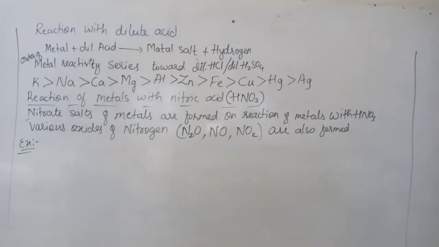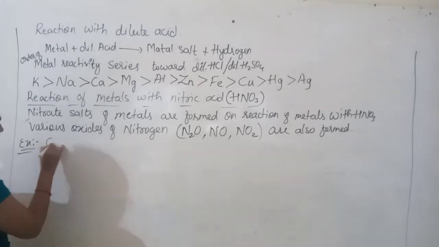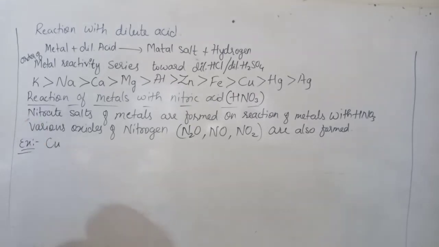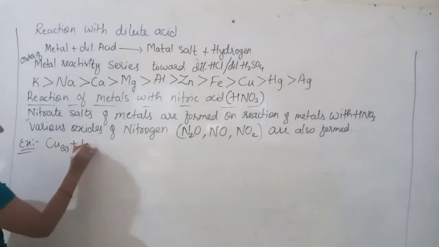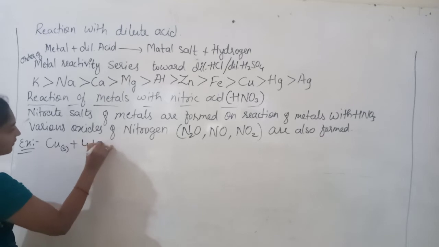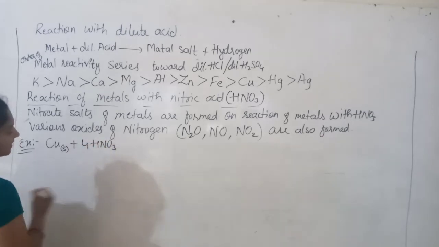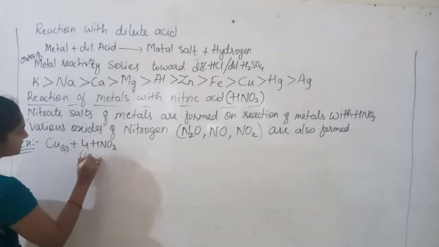So here these all are going to react with concentrated nitric acid. Okay, concentrated or dilute. So first we will discuss when copper is going to react with concentrated nitric acid. Copper, in solid form, plus 4 molecules of nitric acid which is concentrated.